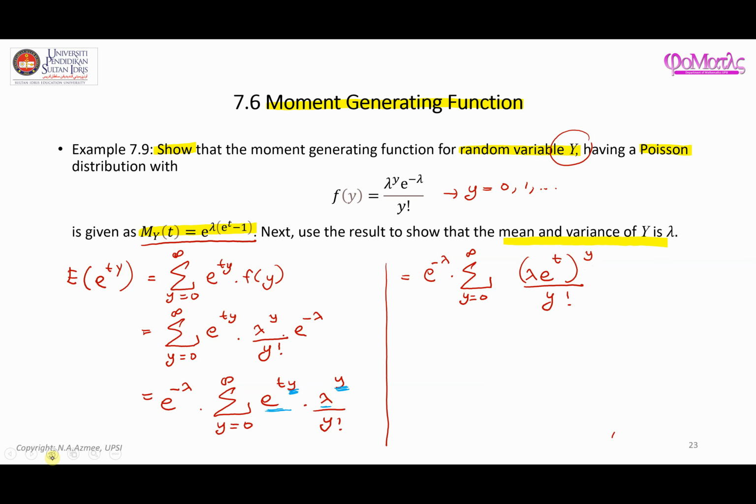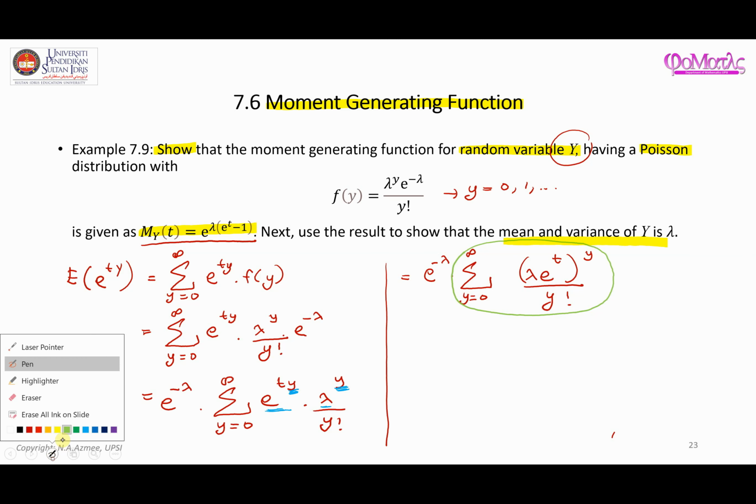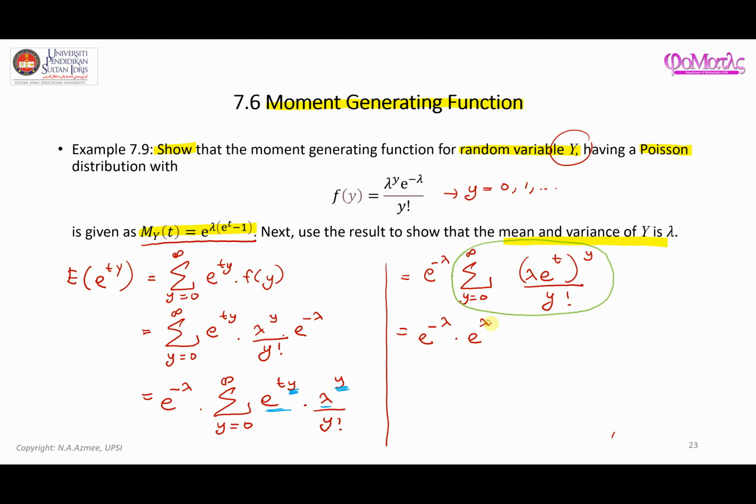Now the result of this, according to the power series expansion, is just going to be equal to e to the lambda e to the t. So the result is going to be e to the negative lambda times e to the lambda e to the t. So let me just write down a little bit about the idea of power series expansion.